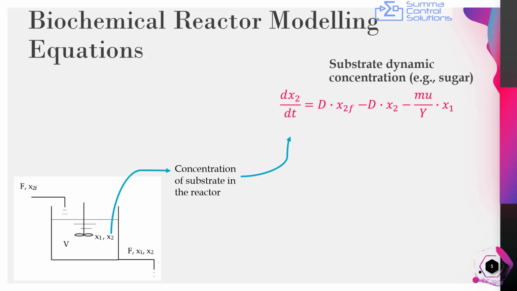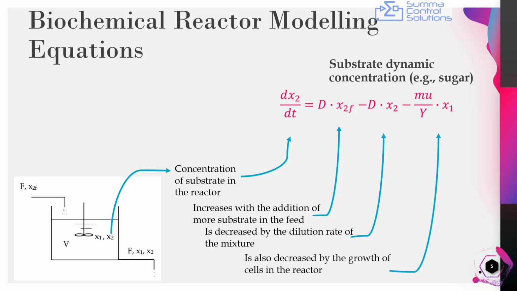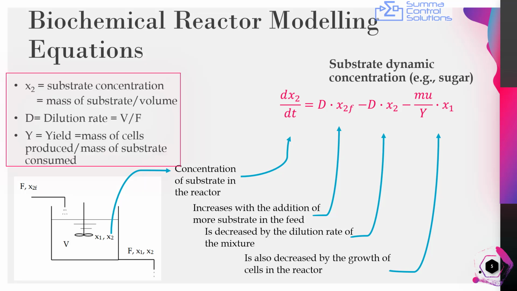Concentration of the substrate in the reactor changes in time as the different components of the differential equation add or subtract to the concentration of the substrate. The substrate concentration will be increased with the addition of more substrate in the feed, and it can also be decreased by the growth of cells in the reactor. These are the formal definitions of those variables.